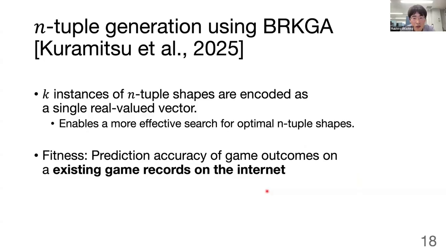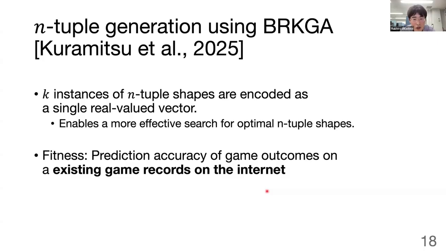Kramitz et al. proposed an n-tuple optimization method using a genetic algorithm variant known as BRKGA. A key idea in their method is to encode all k n-tuple shapes into a single real-valued vector. This representation allows n-tuple shapes to be altered not just during mutation, but also directly during the crossover phase, enabling a more powerful search for new shapes.